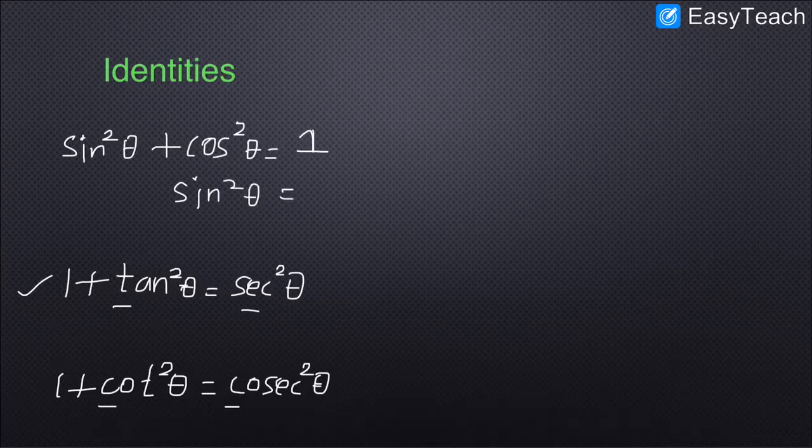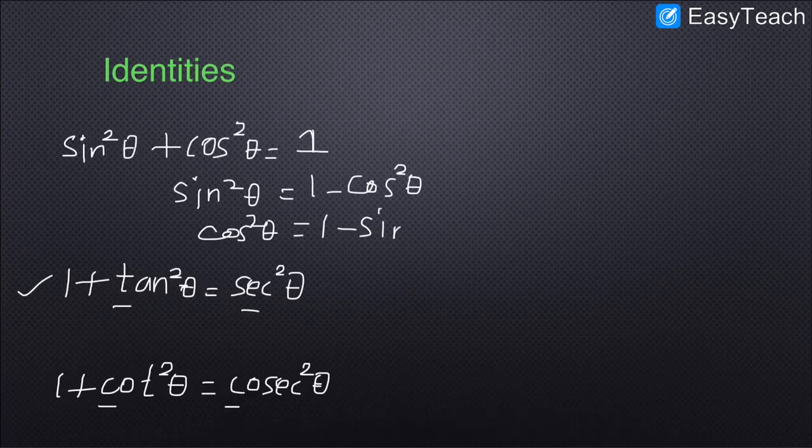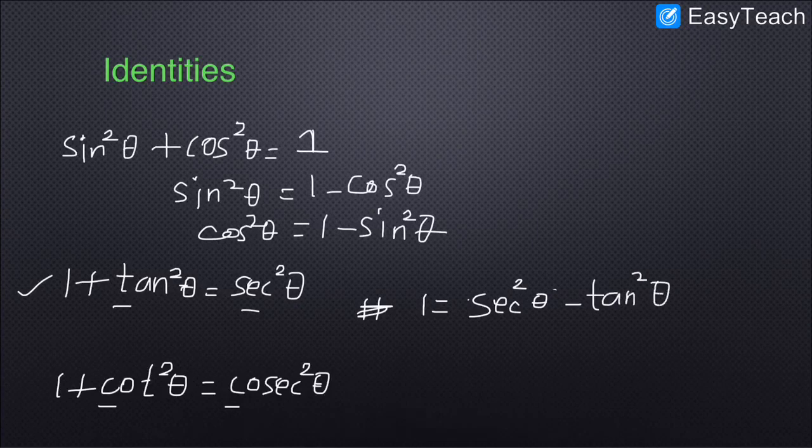For example, sin square theta equals 1 minus cos square theta, and we can transform it like this, as well as cos square theta equals 1 minus sin square theta. Same with the other two: from 1 plus tan square theta equals sec square theta, we get 1 equals sec square theta minus tan square theta, and tan square theta equals secant square theta minus 1.